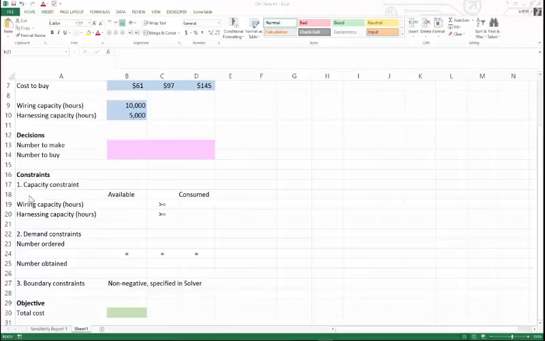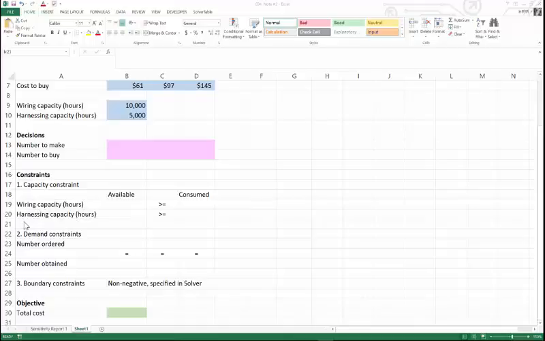Then the second group of things, we need to specify the constraints. So we have the capacity constraint, demand constraint, and the boundary constraint. The capacity constraint is only for the in-house making, so it only involves the number to make decision variables. It's related to 2 resources.